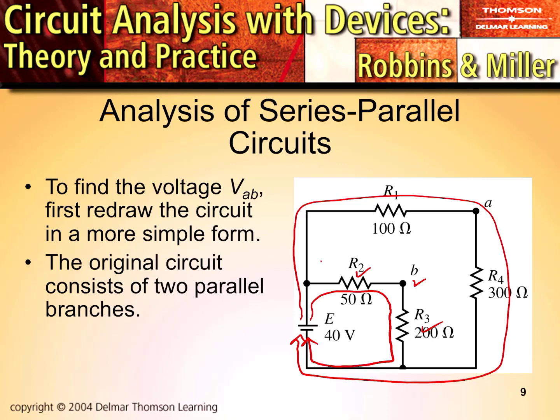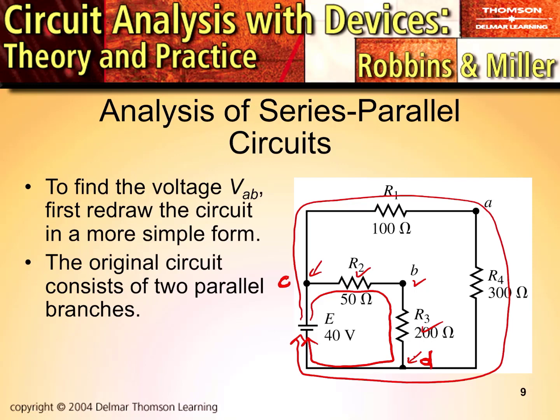Notice how you've got two unlabeled current division nodes here. So now I would say that you're labeling those as C and D before you get started into your redraw.